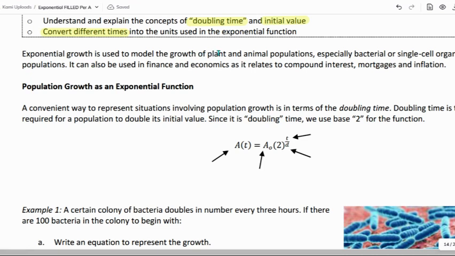When we're talking about plant and animal populations, that's like the curve that we talked about, the human population on Earth. However, it can also be used to model financial situations and economics, as it relates to compound interest, mortgages, and inflation.